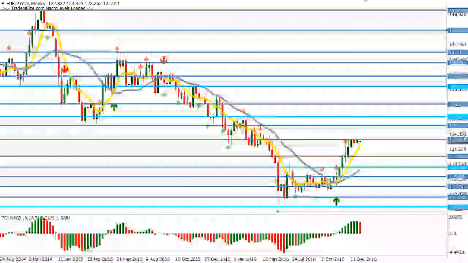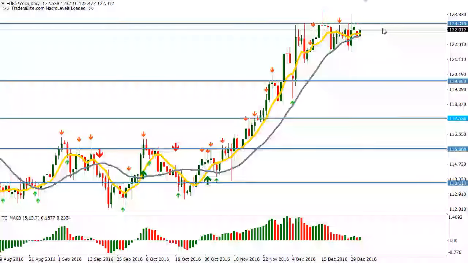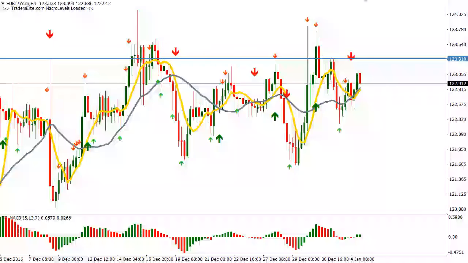Now you can see 123.31 was the real line in the sand there as far as the battleground between the bulls and the bears.